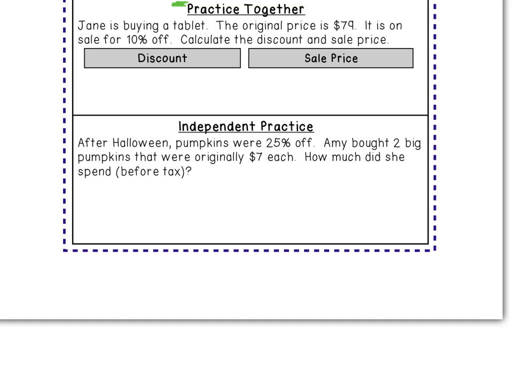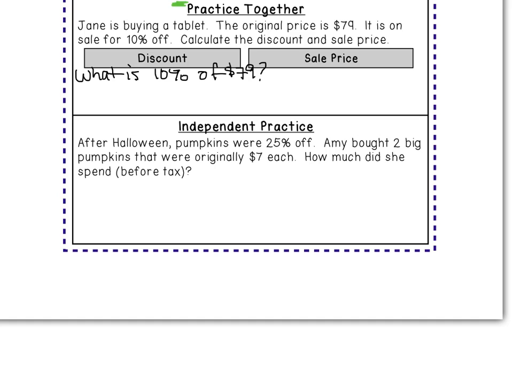So the discount is 10% off of $79. So we need to figure out what is 10% of $79. You can do your is over of equals percent over 100, and if you did that, you would have x over 79 equals 10 over 100.